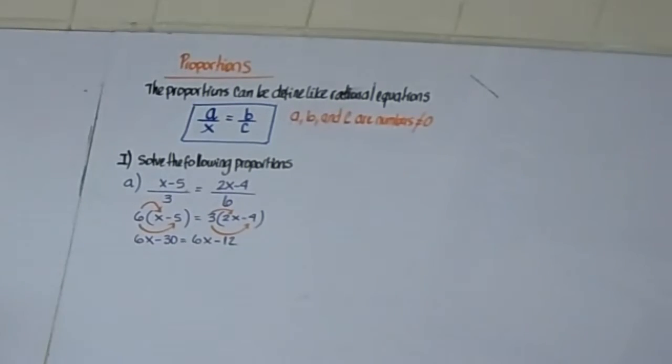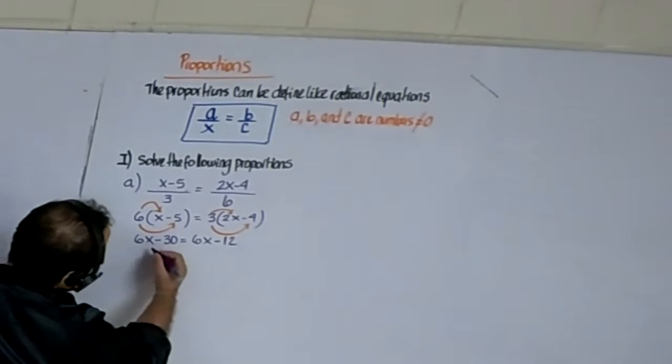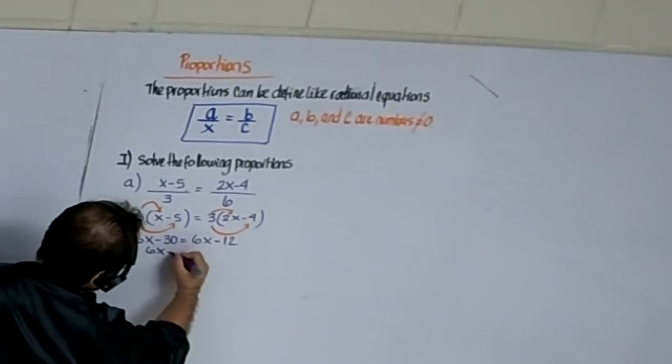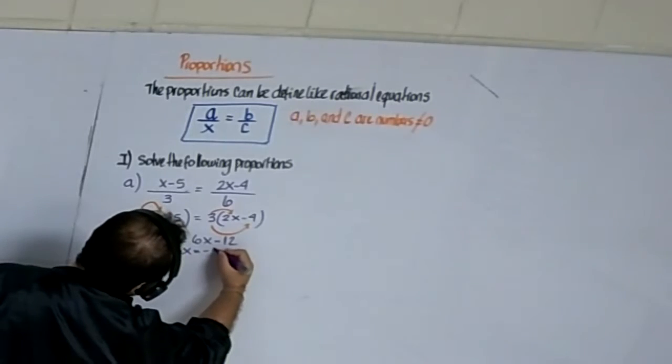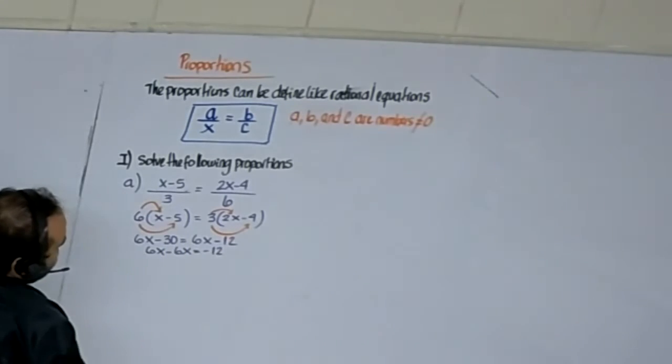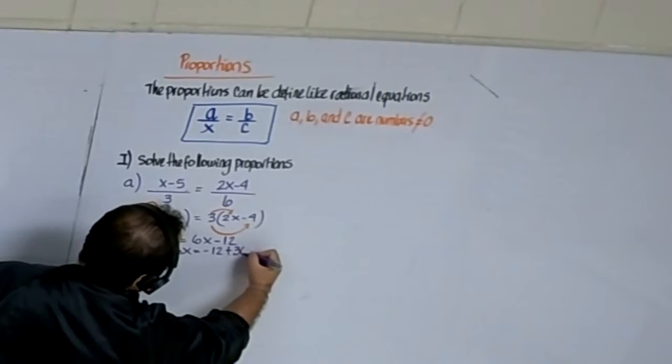Now we're going to join together the variables with the variables and the numbers with the numbers. 6x minus 6x, and negative 12, because 30 is subtracting, so it passes to adding.